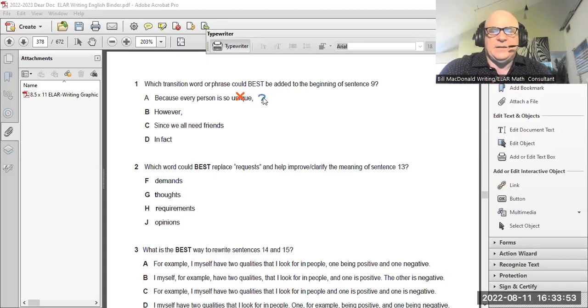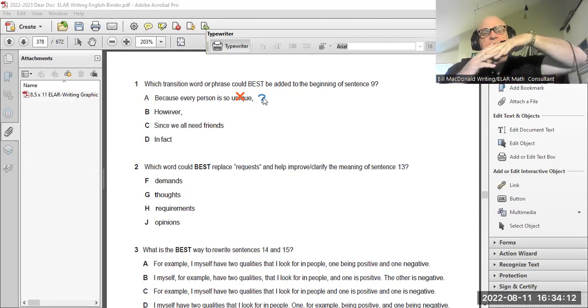but it sounds like if the next sentence says that we need to have a friend that matches our personality and character, according to this transition phrase here, it means that we're going to have a hard time doing it. It's difficult to find a friend that meets our qualifications.